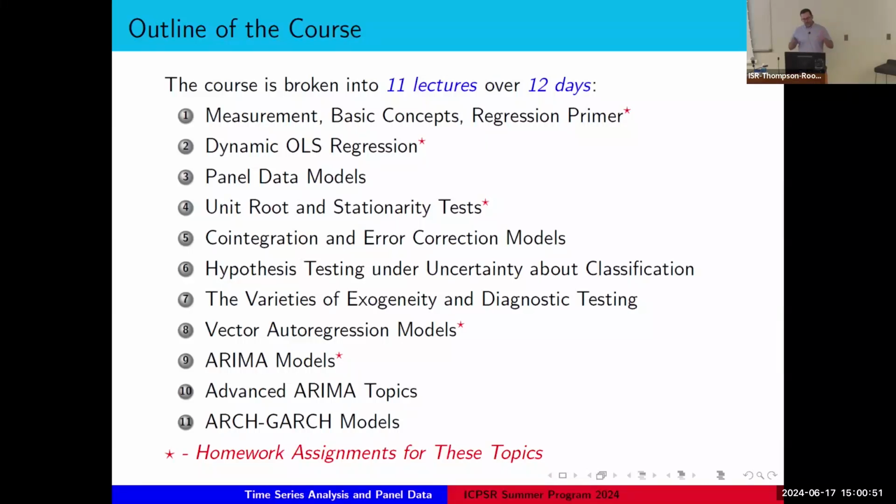We'll talk about seasonality, advanced ARIMA topics, fractional integration, and then the last day of class we'll talk about autoregressive conditional heteroscedasticity models, which is complicated sounding, but it's actually not too bad.